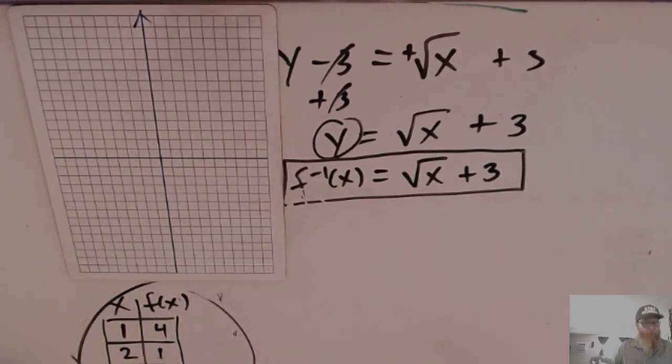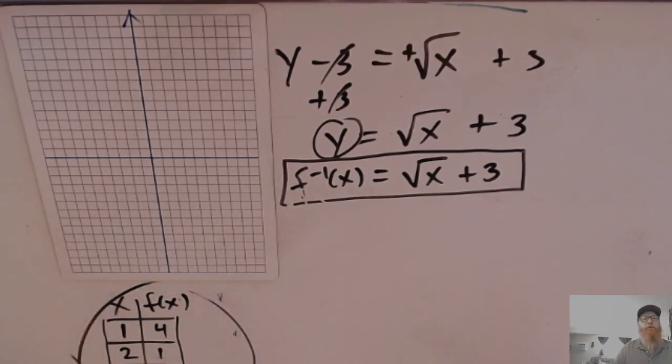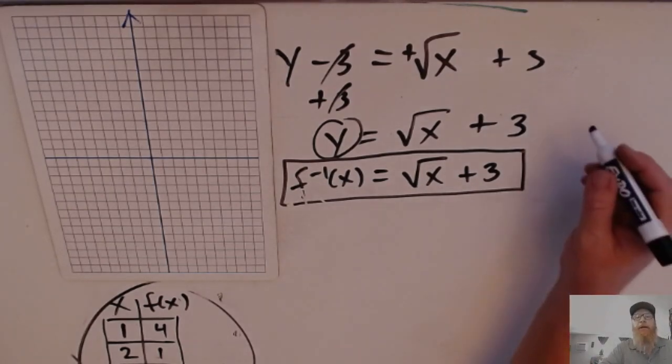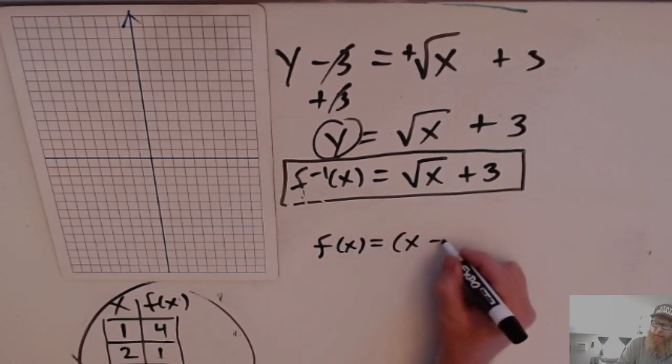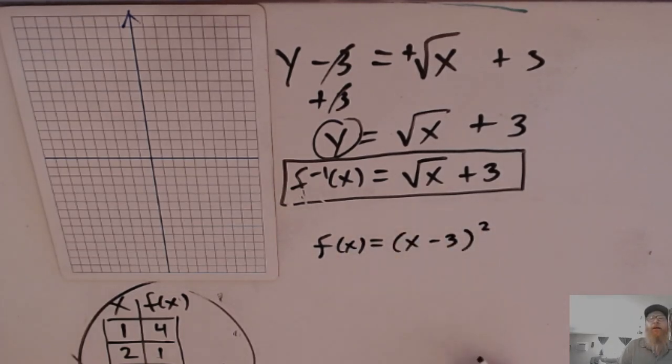I've got my original function. Where's my original function? I guess I'll write it over here. F of x is x minus 3 squared.